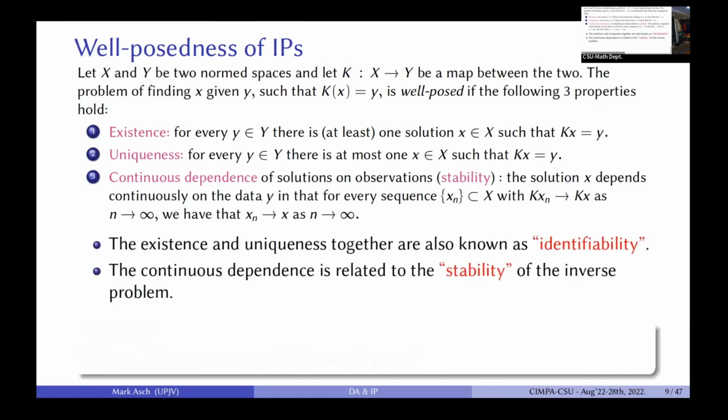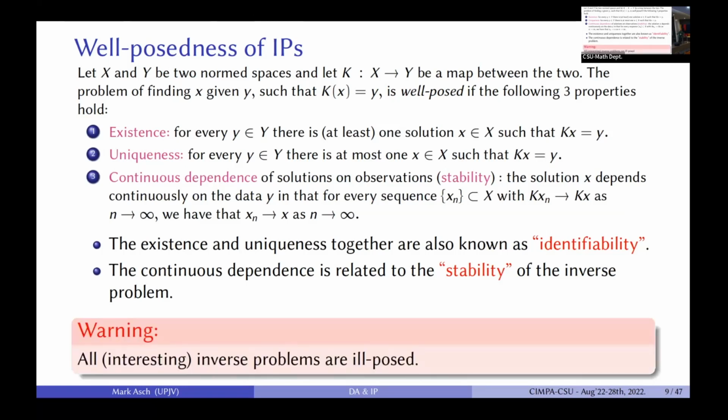Yesterday, Yusuf spoke about identifiability. Existence and uniqueness together we call identifiability, and continuous dependence is related to the stability of the inverse problem. So all these things have to be satisfied for any problem to be well posed. The problem is that all, I put in brackets, interesting inverse problems are not well posed.